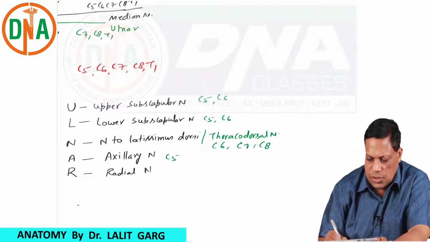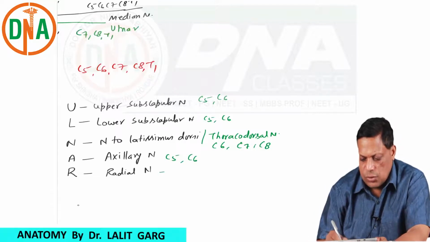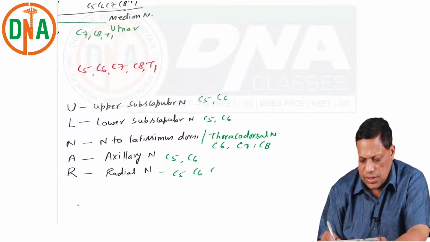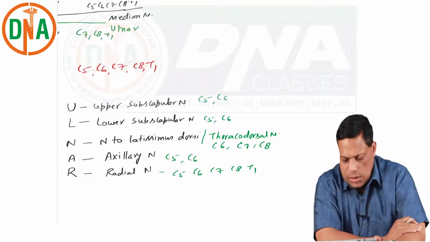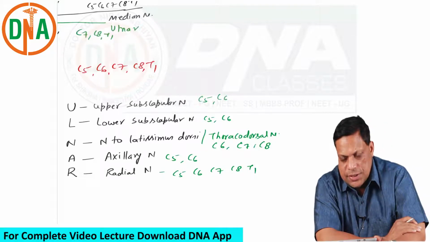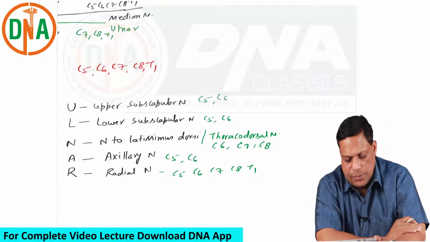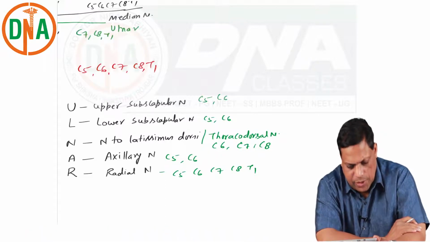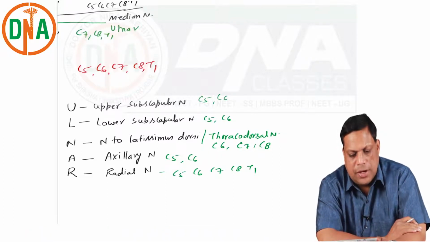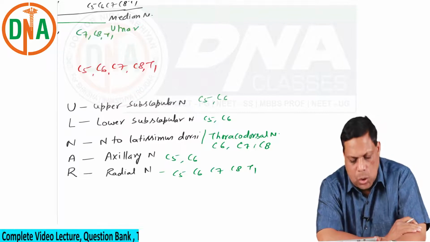Axillary nerve root value C5, C6. Radial nerve root value C5, C6, C7, C8, T1. These are the root values of the nerves arising from the posterior cord.